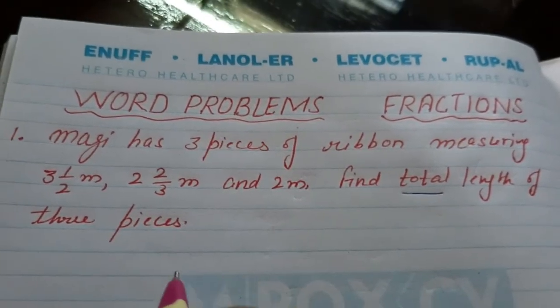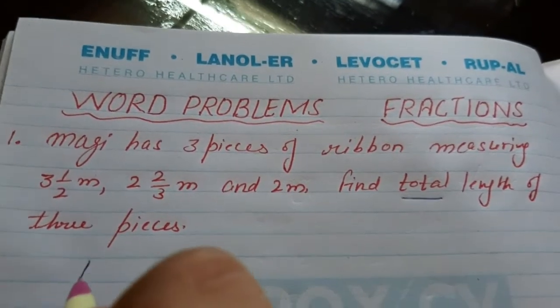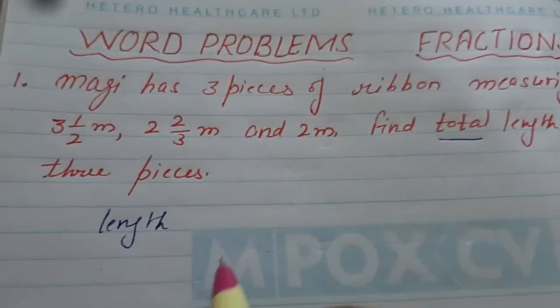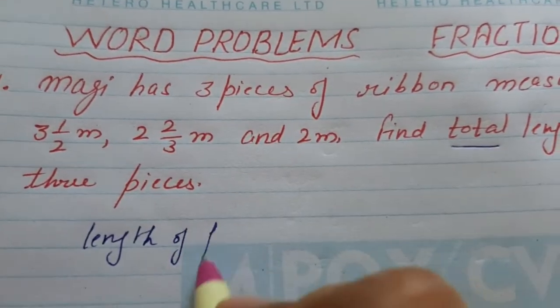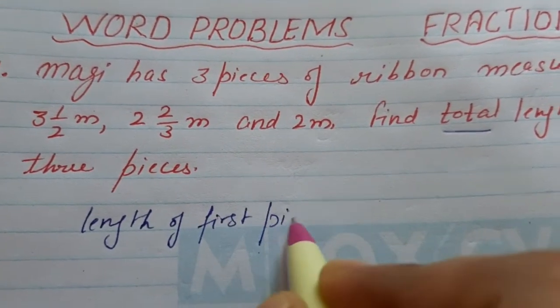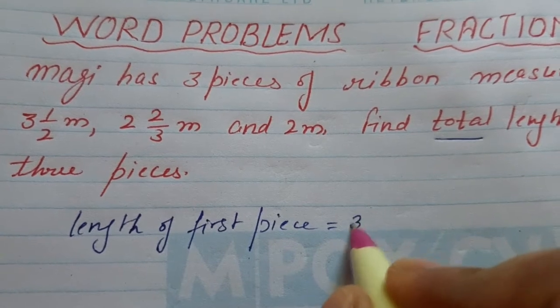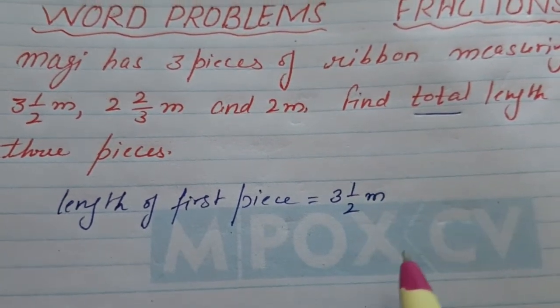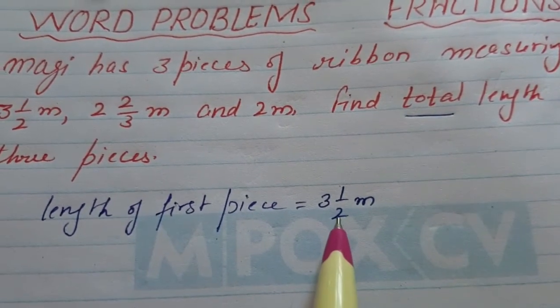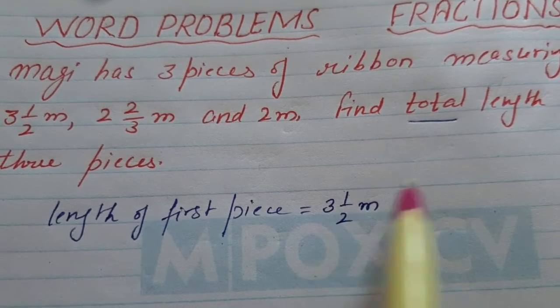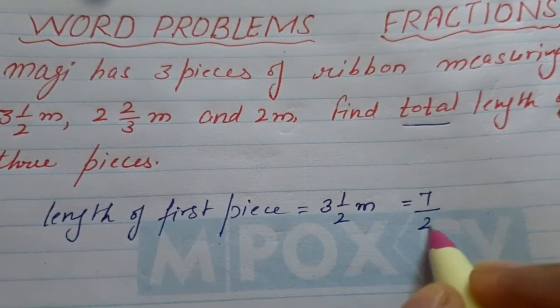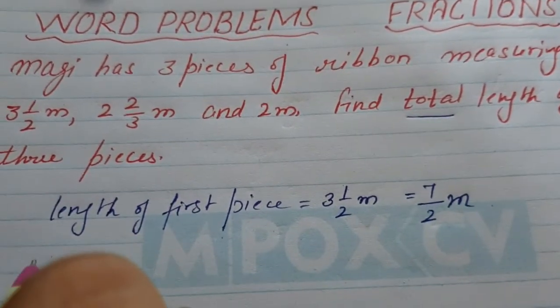Clear? So first of all, we will write down here the length of first piece, that is 3.5 meter. We will change it into improper. 2 3s are 6, 6 plus 1 is 7. It comes out to be 7 by 2 meters.